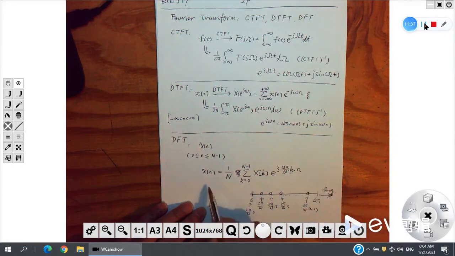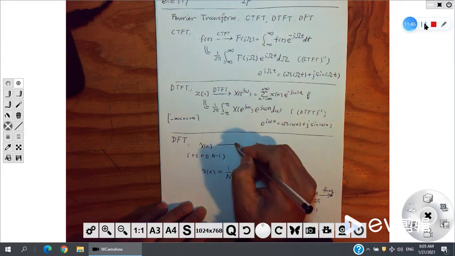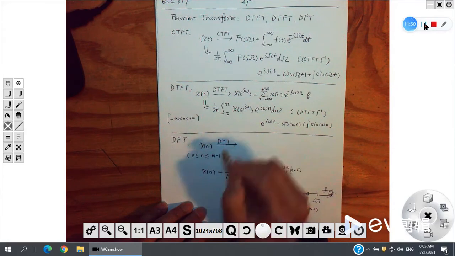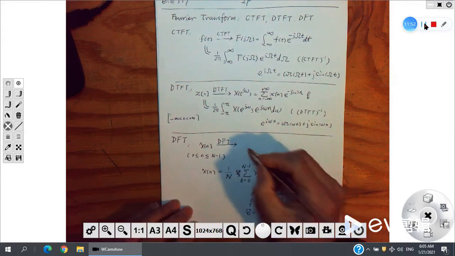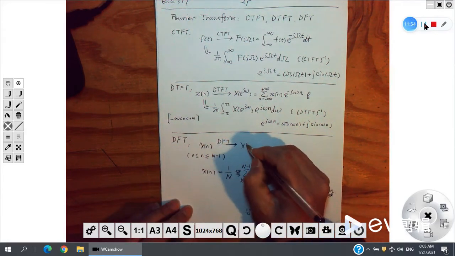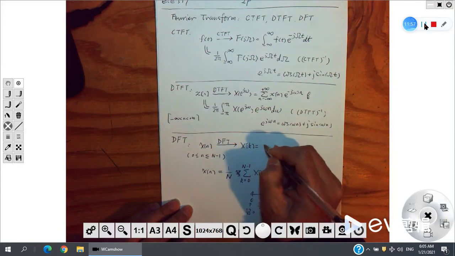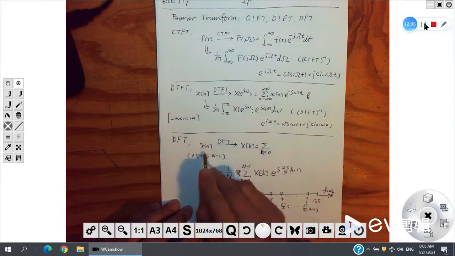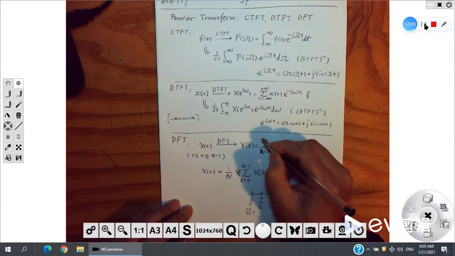Then let me see. We have this one, right? Okay, we need to determine what is this capital X. What is this capital X? Okay, how to get it? This is a DFT, discrete Fourier transform. We have capital X of k equal to summation, n runs from 0 to n minus 1.